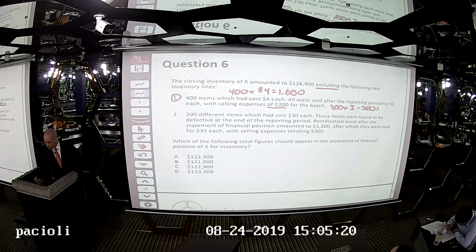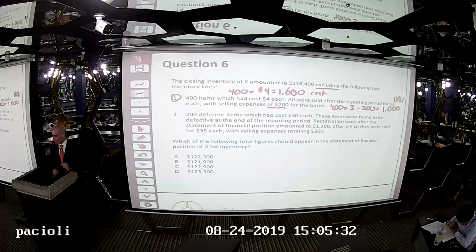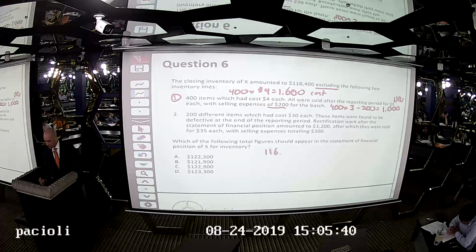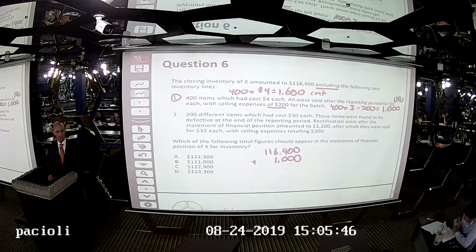So 1,200 minus 200 is 1,000. So the cost is 1,600. The net realizable value is 1,000. So we should include the one that's smaller, 1,000. So we'll take 116,400 plus 1,000 because we take the smaller of cost and net realizable value.